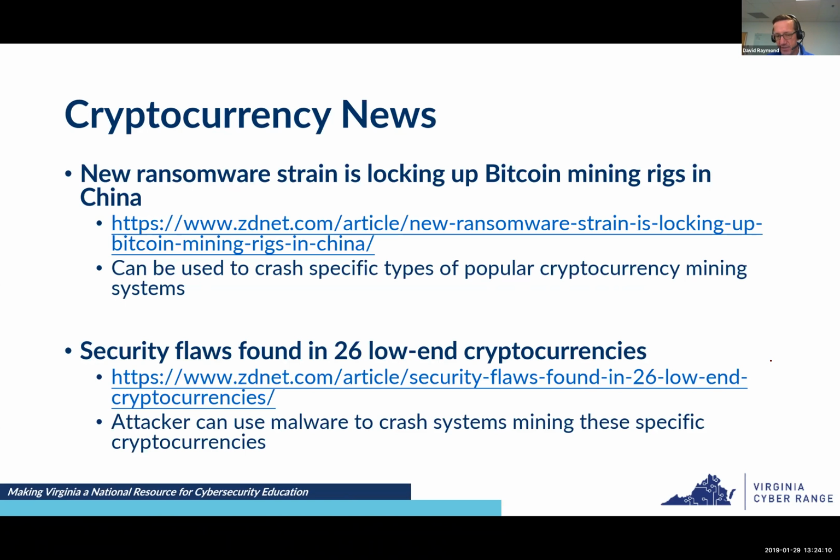But that's pretty expensive. What might be a better kind of attack is you write malware that targets systems that are mining the kind of cryptocurrency that you are mining, and then you lock up as much of the competition as you can, and then it's a lot easier to get more than half of the compute power that way if you just make other miners not mine anymore.